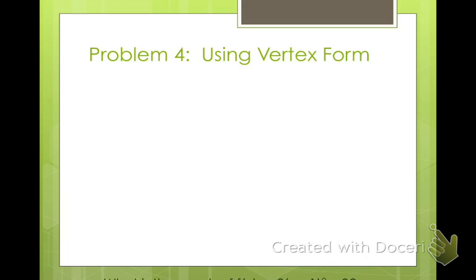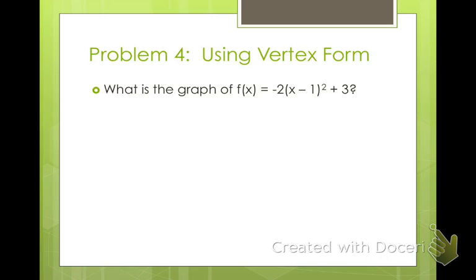So using our vertex form, we're going to go ahead and graph this. So we're going to take it apart a little bit, one piece at a time. So first, let's look at what information in here is important. Well, we have a -2, so our A is -2. So we should know that it's opening upside down, so we know it opens this way, and we should know that it is narrow.